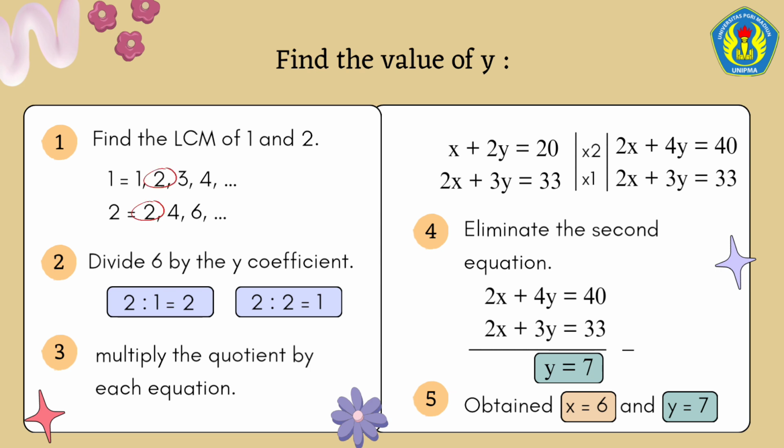So it produces 2x plus 4y equals 40 and 2x plus 3y equals 33. Then we do subtraction. So we get y equals 7. So we get the result: x equals 6 and y equals 7.